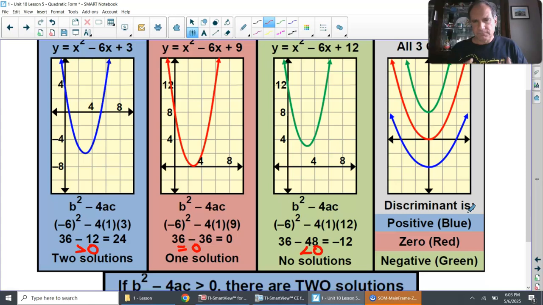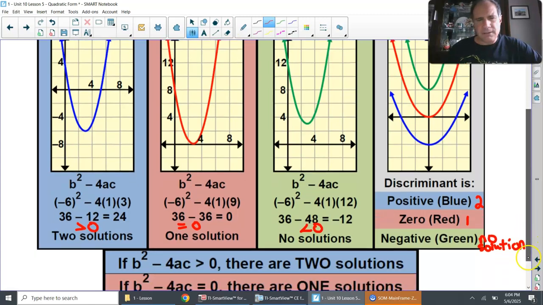All right, so your discriminant, positive, is blue, where you have 2 solutions. So I'm just going to put 2 here. The red is 1 solution, and the green is none. No solution. And let's go down here.